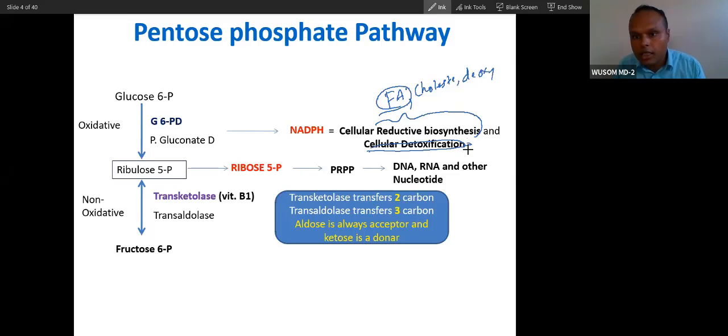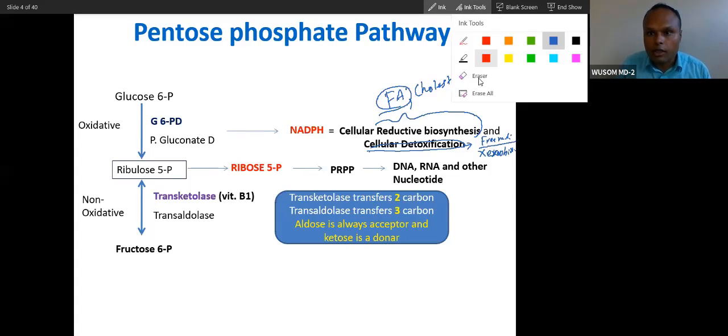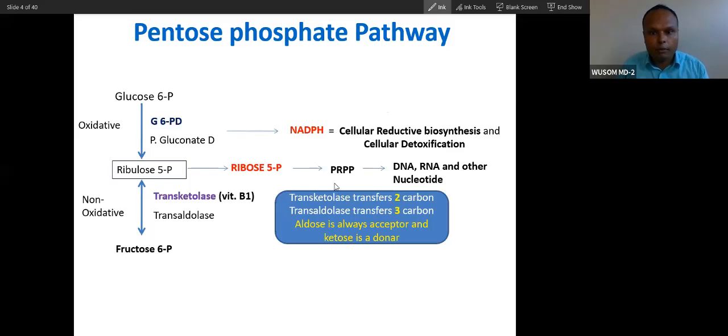It can be detoxification of free radicals in RBC, or detoxification of xenobiotics, foreign toxic or non-toxic substances, like a drug that you take. So these two, biosynthesis and detoxification, require NADPH. These are very, very important functions of NADPH. If you remember these two terms, you can tag everything with them.